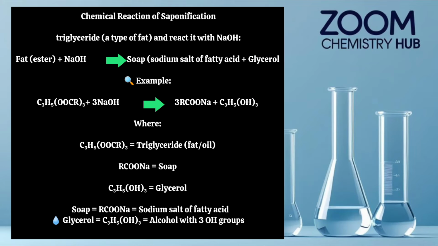Now, what is the chemical reaction of saponification? In the chemical reaction, a triglyceride, a fat, reacts with sodium hydroxide, and by the reaction of these two, they form a soap and glycerol, and soap is the sodium salt of fatty acids.